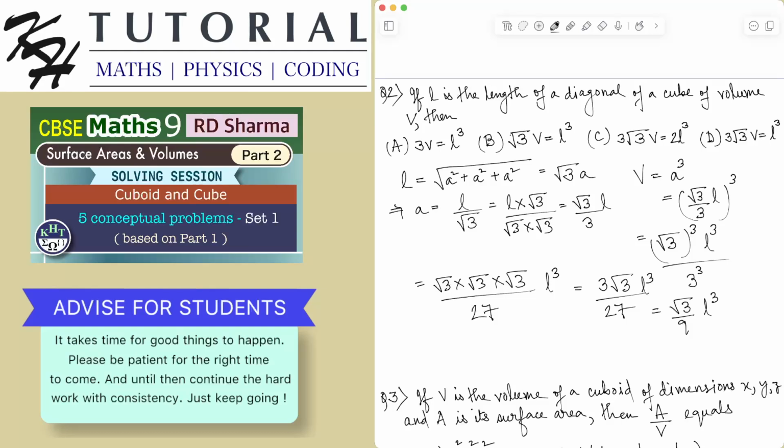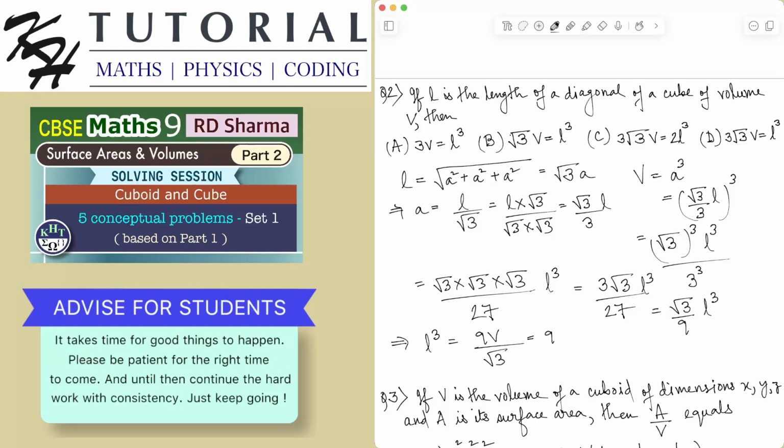Okay, so V is equal to square root of 3 divided by 9 L cube. So this implies, what will be L cube? L cube will be 9V by square root of 3. Now again I will rationalize the square root of 3 in the denominator.